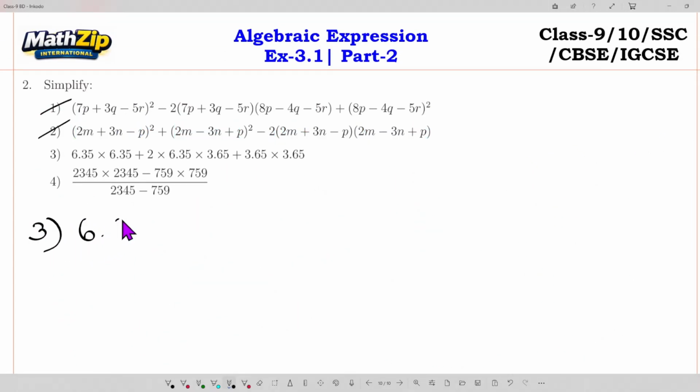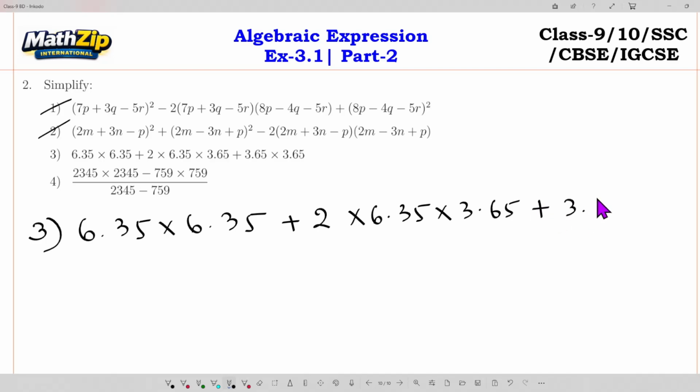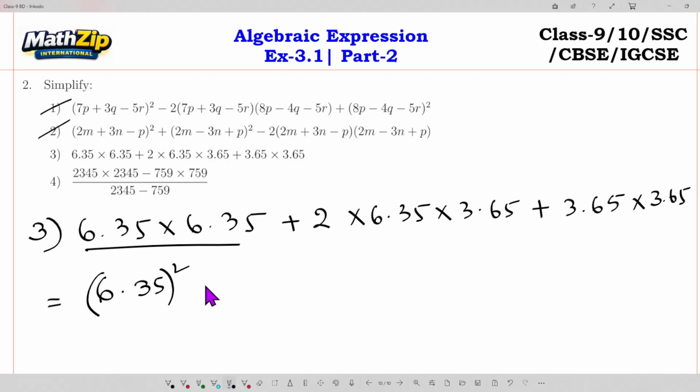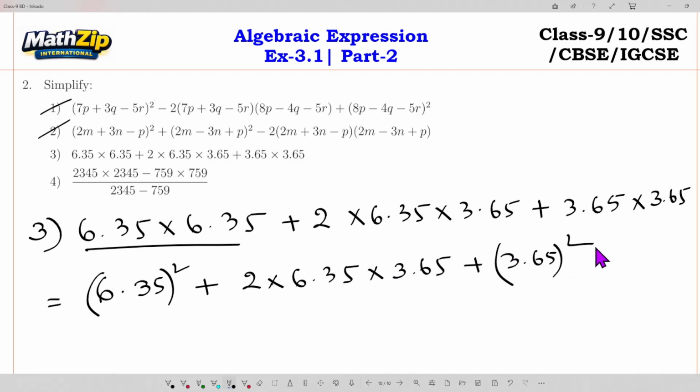Number 3. Here is 6.35 times 6.35 plus 2 times 6.35 times 3.65 plus 3.65 times 3.65. Now look, we can write 6.35 square plus 2 times 6.35 times 3.65, unchanged, plus 3.65 whole square.